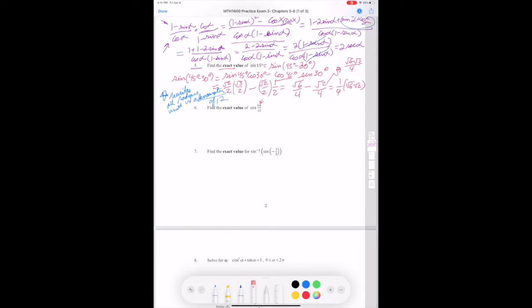And you'll see that I have cosine of 3 pi over 12 plus 2 pi over 12. Well, 3 pi over 12 is pi over 4. And 2 pi over 12 is pi over 6.